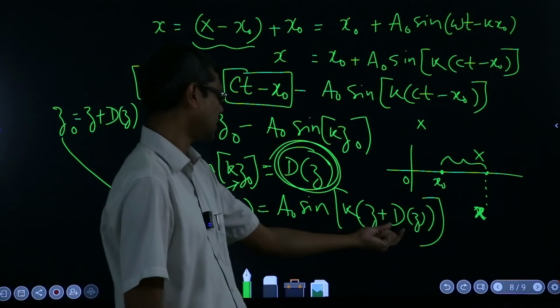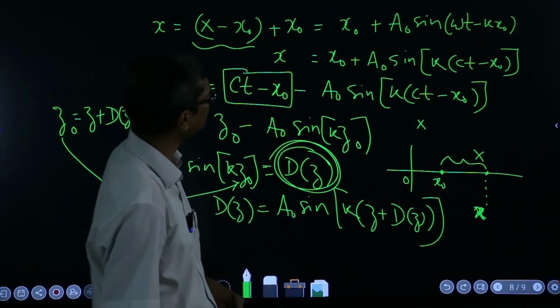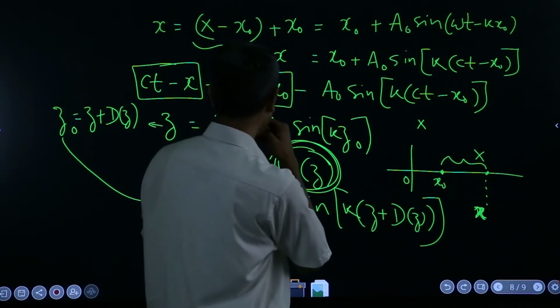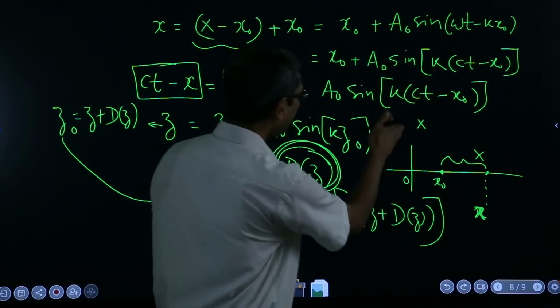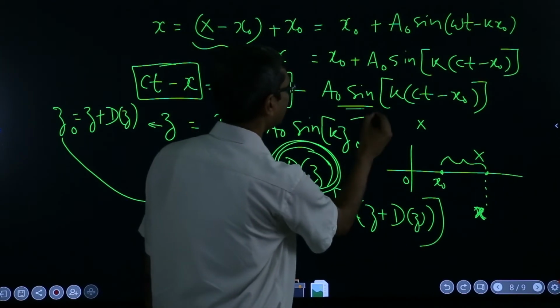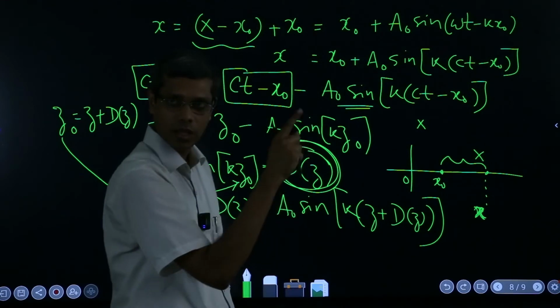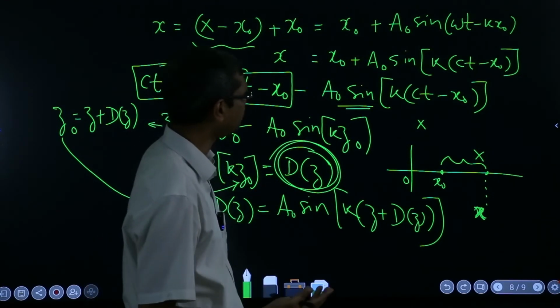So for any function dz, in fact what you can do is, you can write this in a more generic way. This I did because we had taken this as our displacement function to start with.